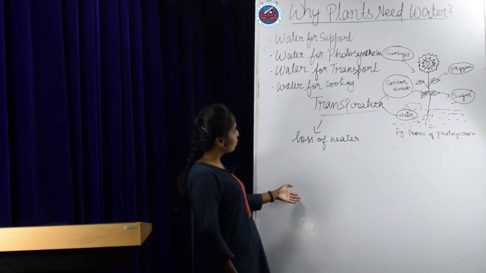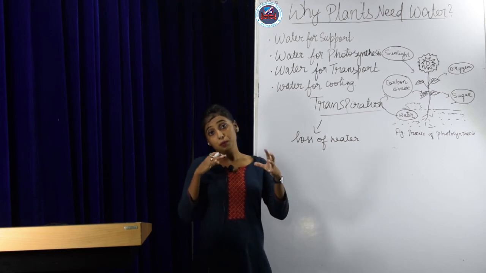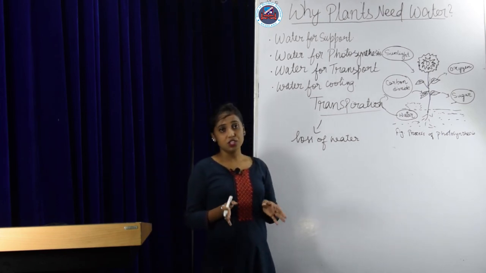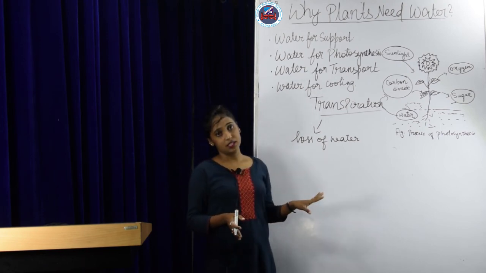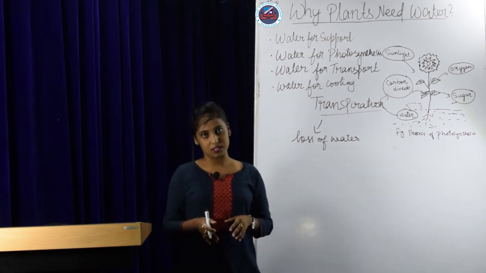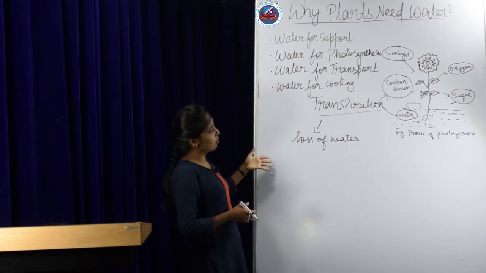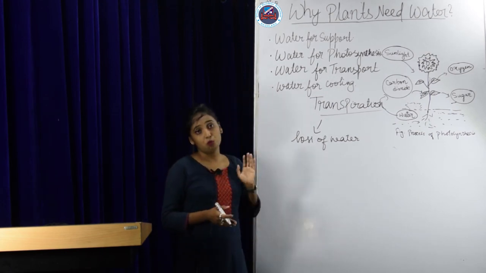So, it's very important for the survival of plants in hot climates or hot environments. So, this is the process by which plants cool themselves down. So, these are the importance or the uses of water for plants.